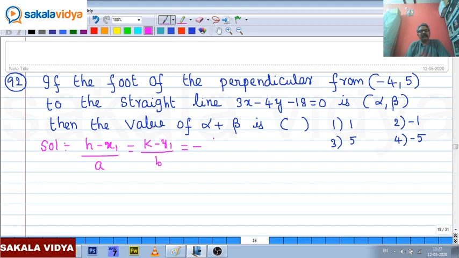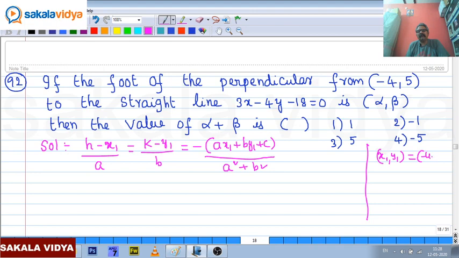This is important: minus (a x1 plus b y1 plus c) upon (a square plus b square). Here (x1, y1) is (-4, 5). The line is 3x minus 4y minus 18 is equal to 0. This is important.